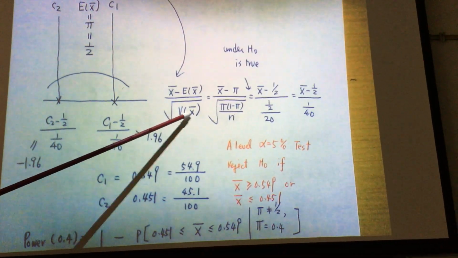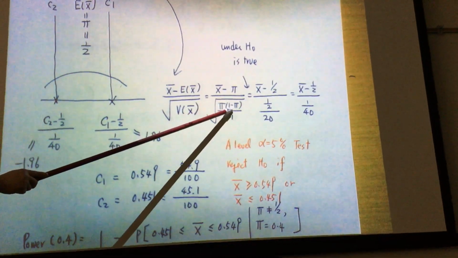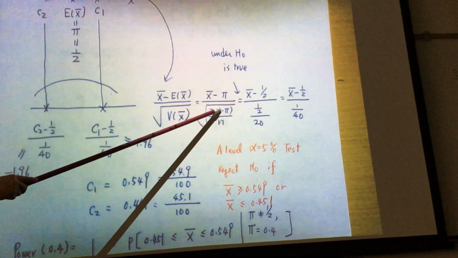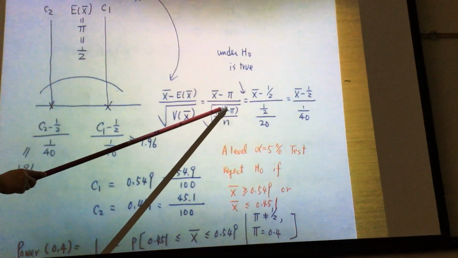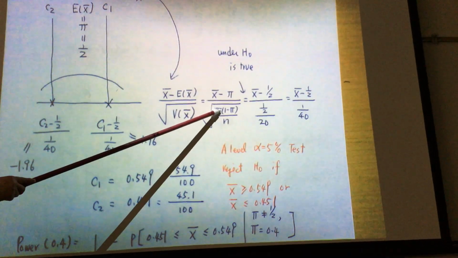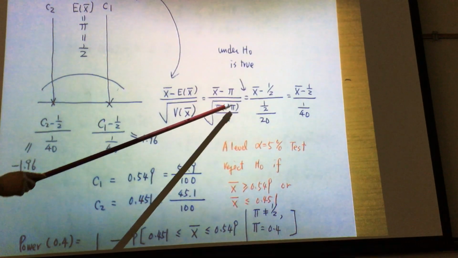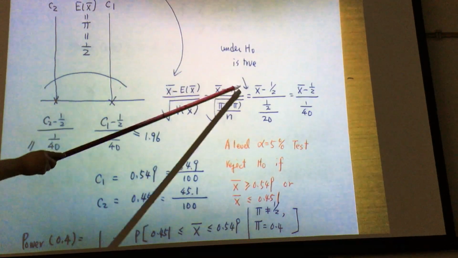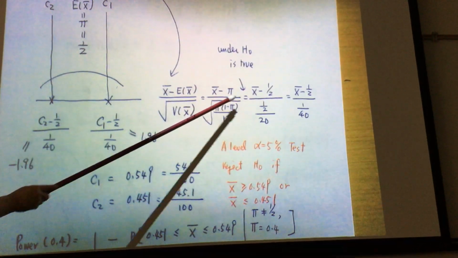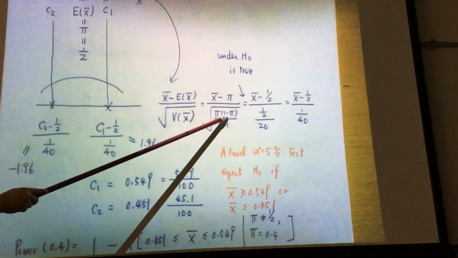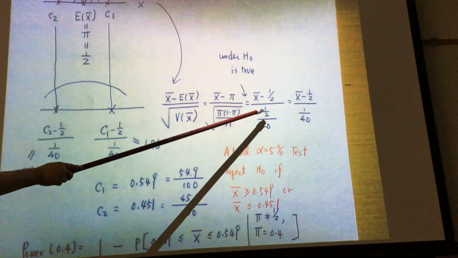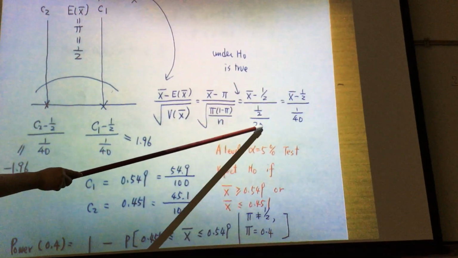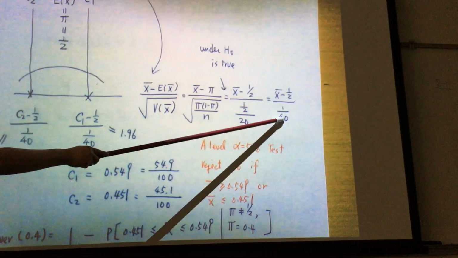And variance of X bar is sigma squared over n, but the variance of Bernoulli is a product of two probabilities: one for success, which is pi, one for failure, 1 minus pi, divided by the sample size n. So under H0 is true, we plug in pi to 1/2. 1/2 times 1/2, divided by 400. If I simplify it, it becomes 1/2 over 20. So that's 1 over 40, okay?